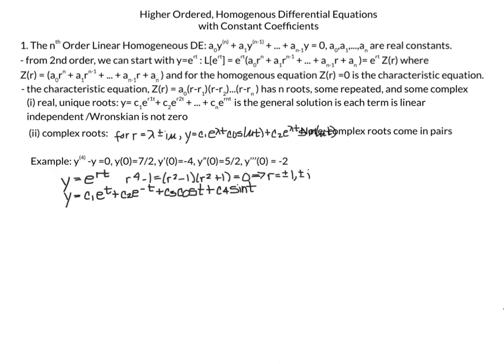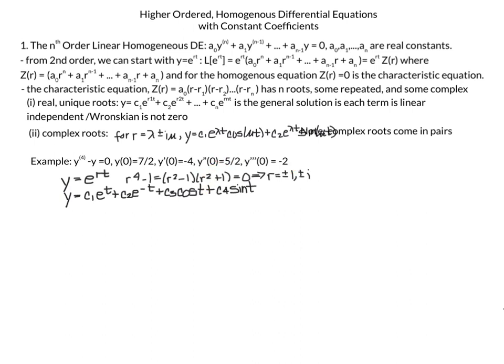We start again with the assumption that y is of the form e to the rt, and we look at the characteristic equation, which is r to the fourth minus 1 equals 0. When we factor r to the fourth minus 1, we get r squared minus 1 times r squared plus 1. This r squared minus 1 gives us r as plus or minus 1.